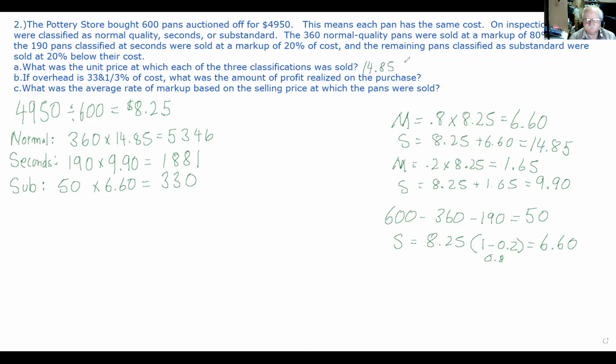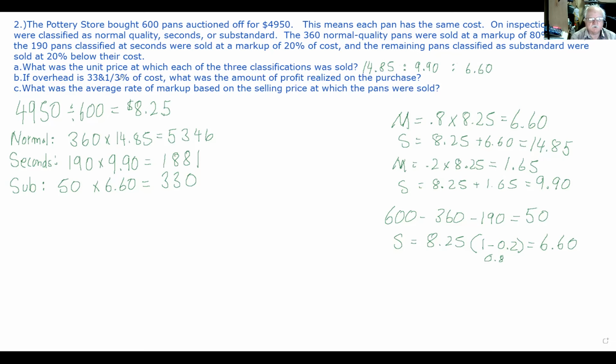14.85, 990, and 660. Okay. If overhead is 33.33% of cost, what was the amount of profit realized on the shipment?